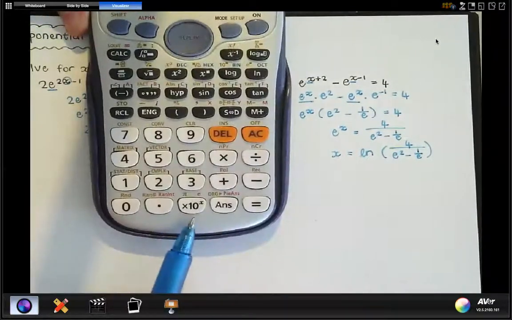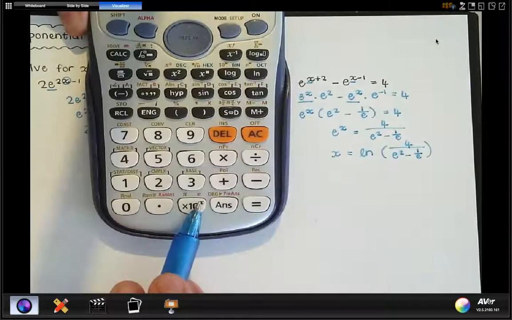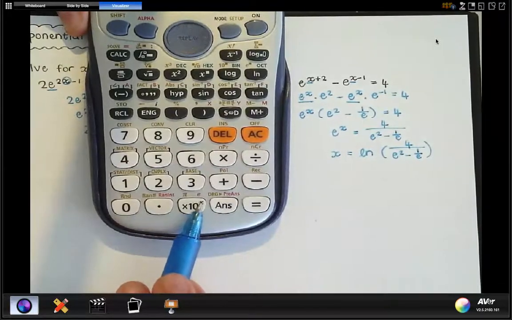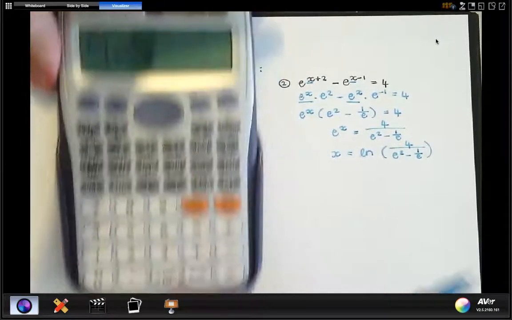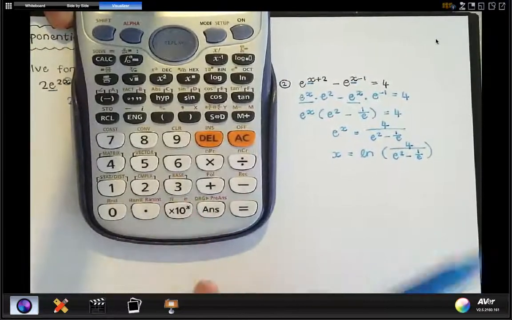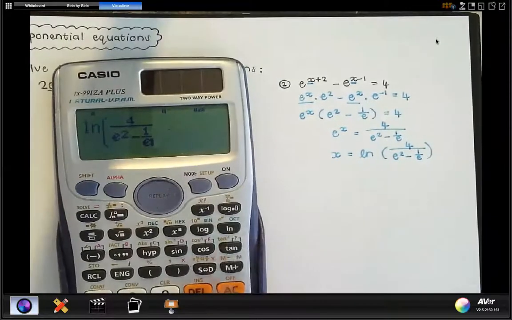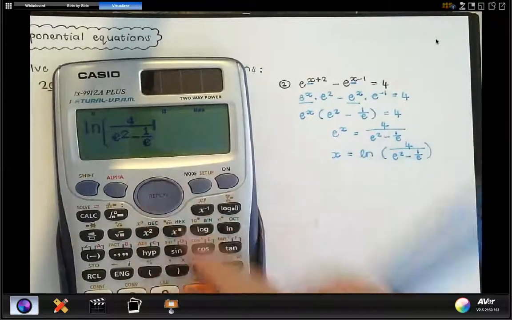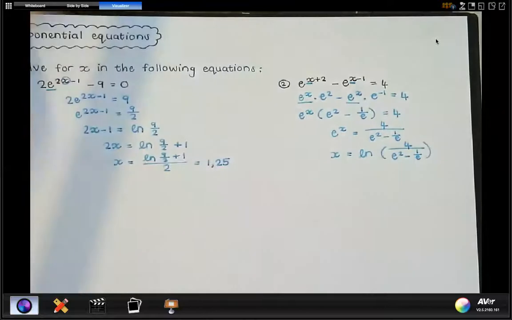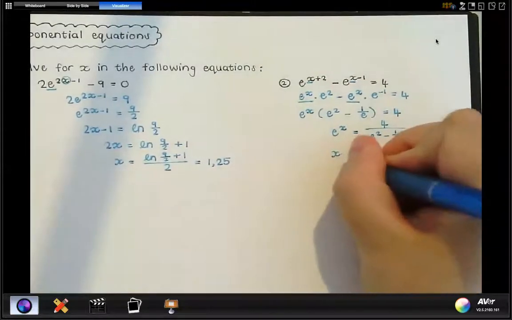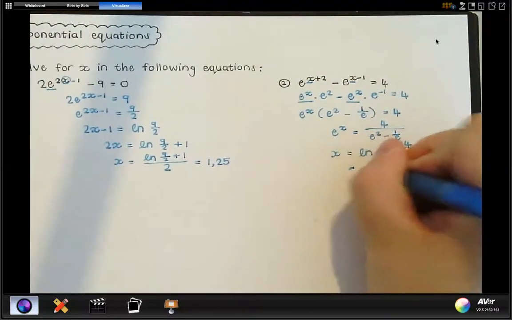If you look at the times 10 to the x, that is the button that you would use if you just want to use e, instead of e squared or e to the 3 or whatever. So it's going to be alpha and then that button, and there we just have e, and then I'm just going to close my bracket there, and we have negative 0.56. There we go. That is the answer. Negative 0.56.